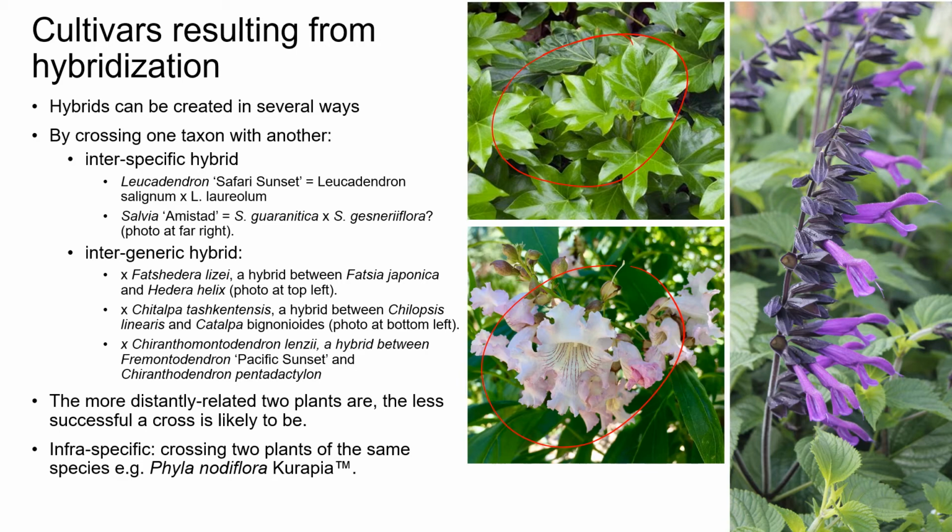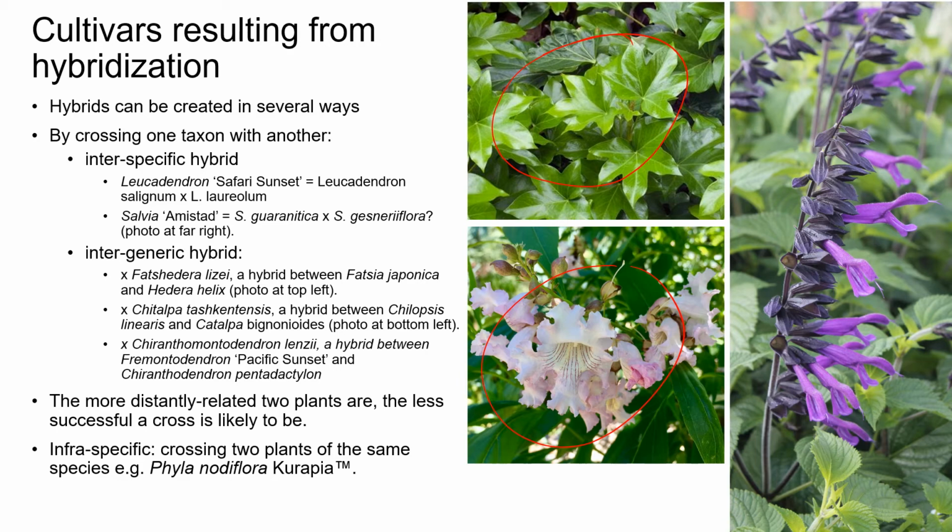For example, Japanese plant breeders crossed several phenotypes from different populations of the low-growing evergreen herbaceous perennial Phyla nodiflora, or lippia, in order to create a cultivar of this plant that is tolerant of basic soils, these are soils with a high pH, and a dense growth habit. The result of their breeding work is actually marketed not under a cultivar name, but under the trademarked name Kurapia.